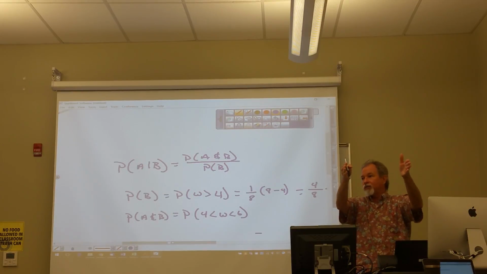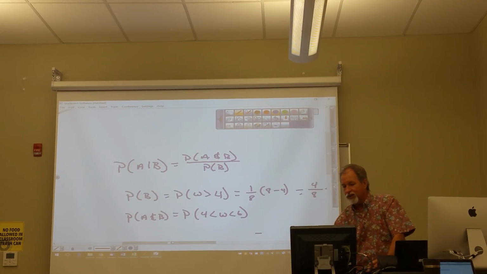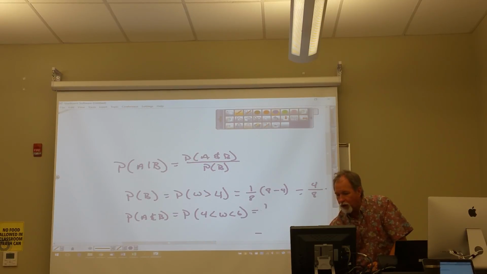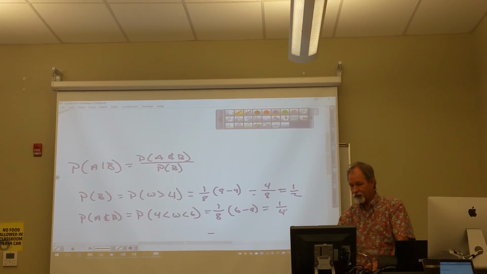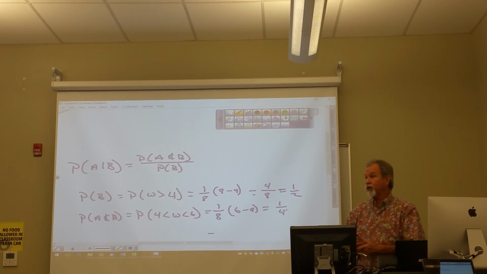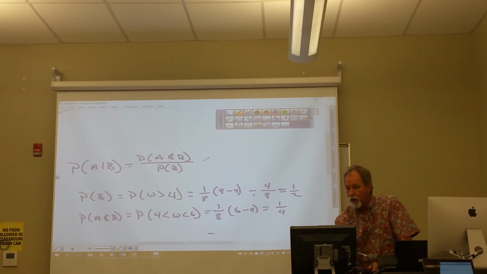So the probability of being between 4 and 6 is the and, which would be 1/8 times 6 minus 4, which is 2/8 or 1/4. So my probability of A and B is 1/4.